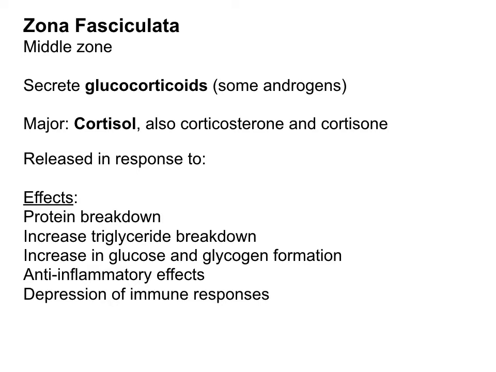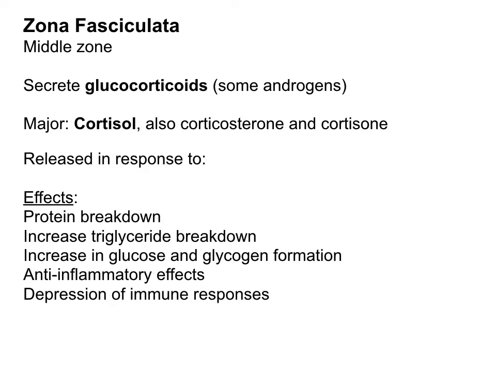Now, when cortisol is released, it's going to have various effects throughout the body. One is that it does promote protein breakdown. And when protein is broken down in things like bone and in muscle in particular, the amino acids that are released are placed into the blood. So this protein breakdown will lead to an increase in blood amino acid levels.